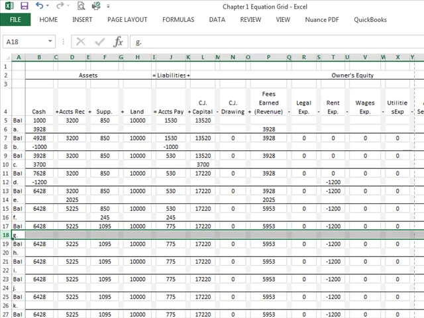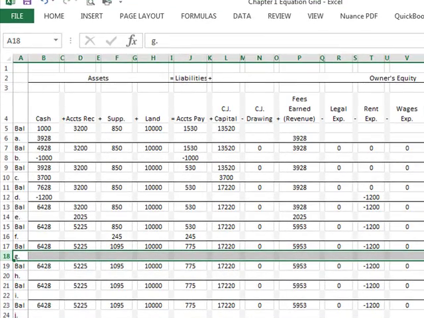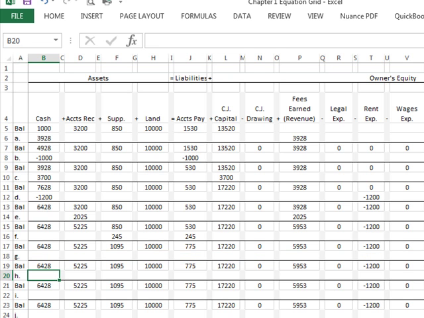Transaction G. Receive cash from clients on account, $3,000. All right, well, they told us you received $3,000 in cash, so we're going to go ahead and record $3,000 in cash, increasing the cash account. Then it says receive cash from clients on account.